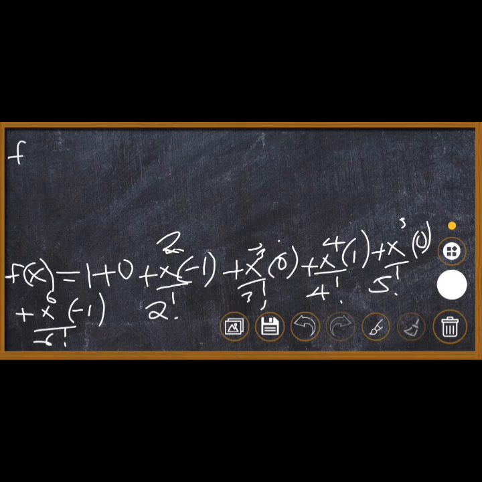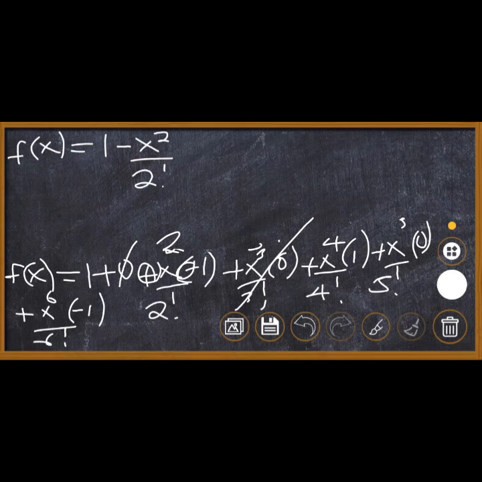So let's simplify now the expression we have. We are going to have f of x equal to 1, and then here we have 0, so we just omit that. Then positive multiplied by negative, we are going to have negative x squared over 2 factorial. Then 0 multiplied by x power 3 over 3 factorial is just 0, so we cancel that.